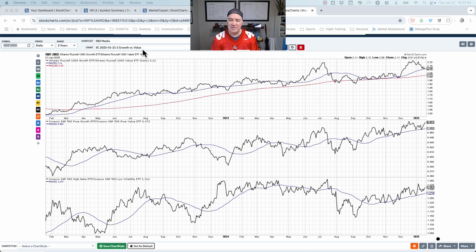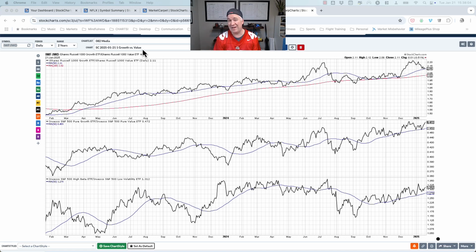One of the basic premises that defined the market for much of 2024 was growth stocks outperforming value stocks. Generally speaking, and certainly at times in the first quarter and definitely the fourth quarter of 2024, we saw growth sectors, things like technology and communication services, outperforming value sectors.